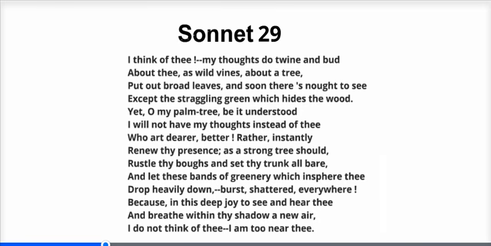Under your care, the world is a better place, and I want to be with you so much that I won't have to think of you anymore, because I actually will be with you. So it's a very complex poem, and just understanding this idea and the imagery throughout is pretty tricky.